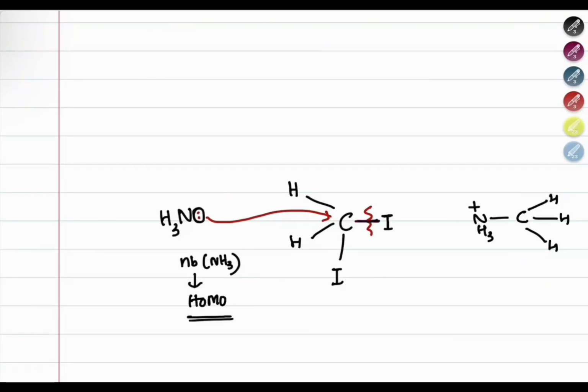Here the C-I bond has broken. That means if a sigma bond is broken, the electrons are moved to the sigma star orbital, right? Here the C-I sigma bond is broken. That means the electrons are transferred to the sigma star orbital of C-I. Okay. So the LUMO will be the sigma star orbital of C-I.